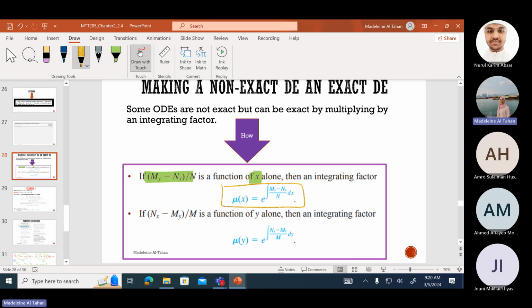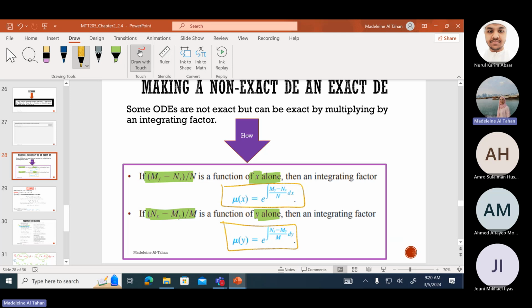Now, if this one is not a function of x, but if we did Nx minus My over M and it's a function of y only, then our integrating factor will be this one. Again, why do we need to multiply by the integrating factor? Because we need to make it a little bit simpler.